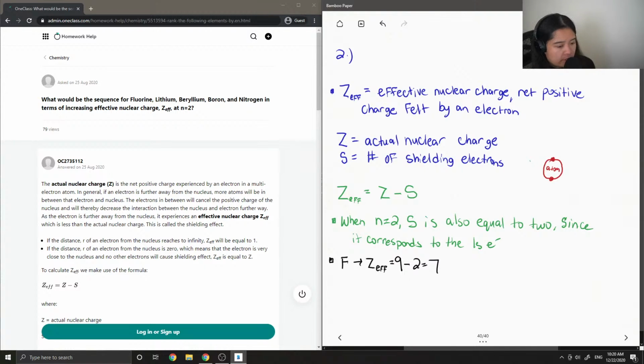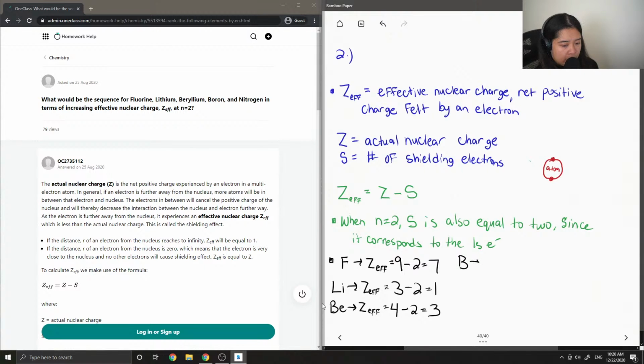And then let's do the same for lithium. It has 3 protons minus 2, which is 1. And then for beryllium, its atomic number is 4. So its effective nuclear charge is 3.